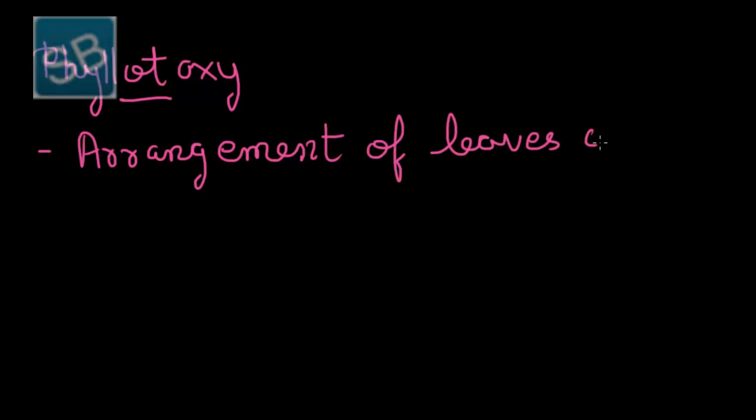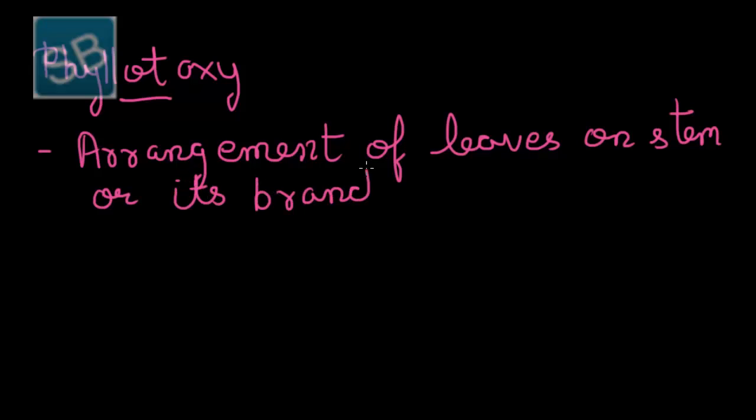Associated with leaves, there comes one another important term, that is phyllotaxy. What is phyllotaxy? Phyllotaxy is basic arrangement of leaves on stem or its branches. So such a basic arrangement of leaves is known as phyllotaxy.